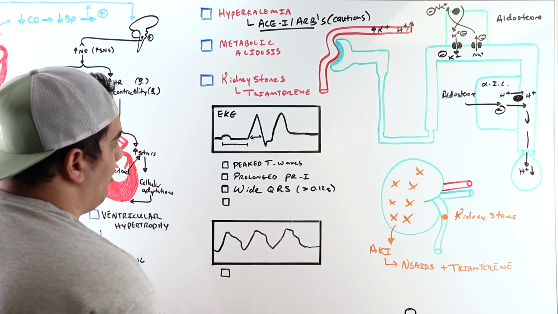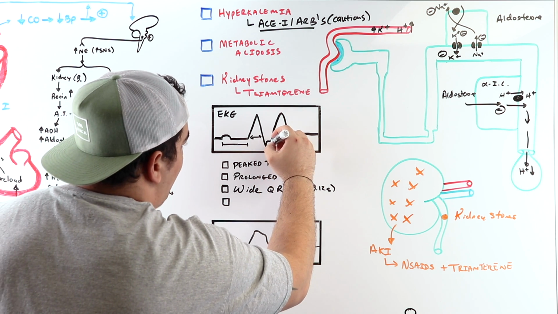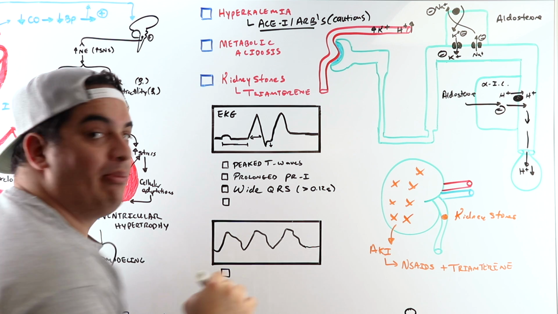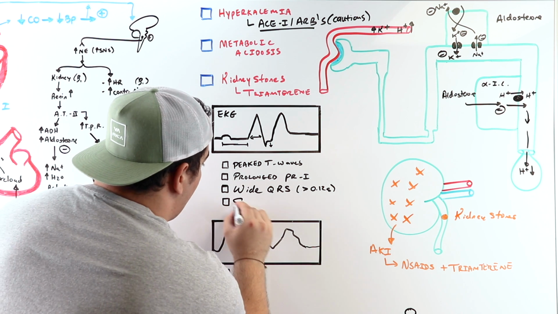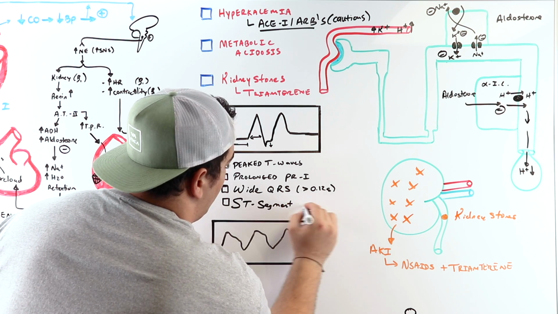The other thing that we can potentially see here is that sometimes you can have some ST segments that are depressed. So sometimes you can even have what's called ST segment depression.